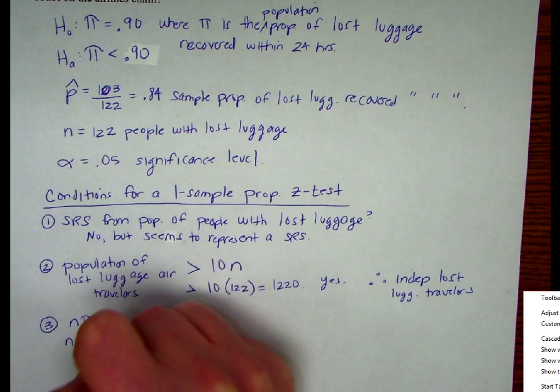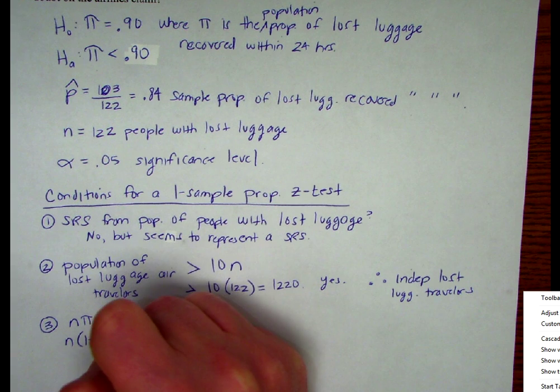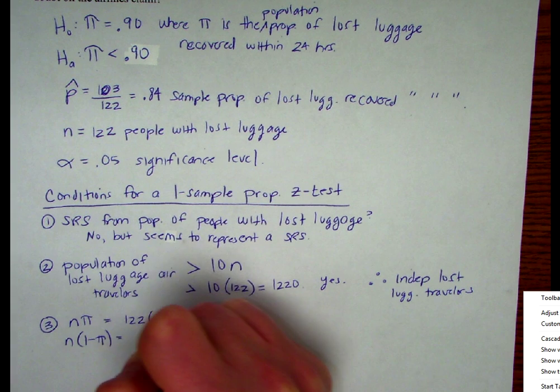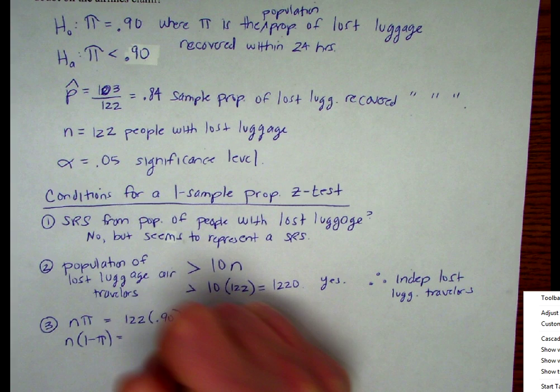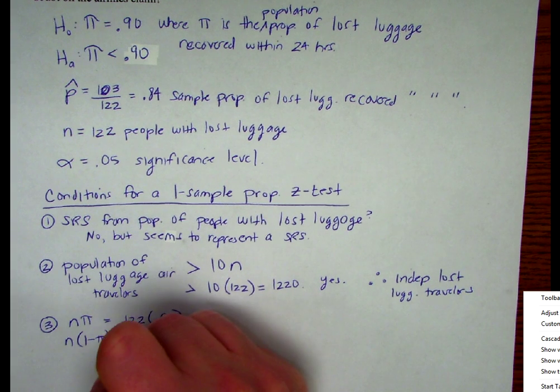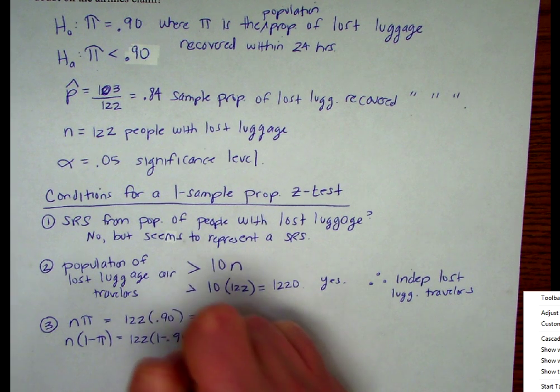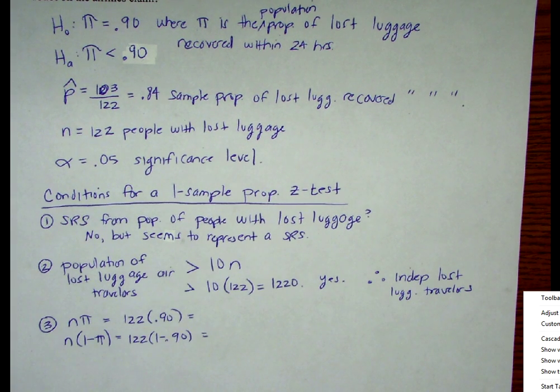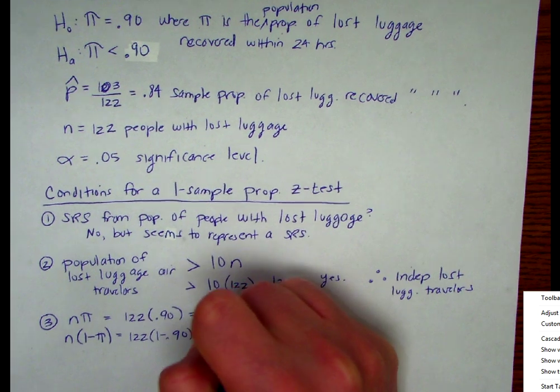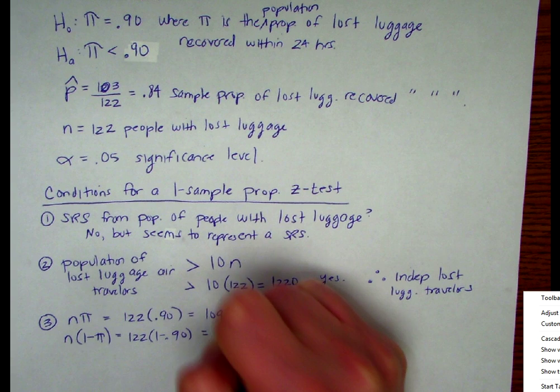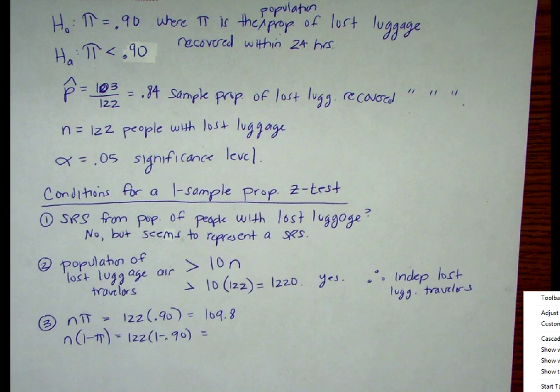Okay, so we're going to show those. So we got 122 times 0.90, that's pi, Greek letter, and 122 times 1 minus 0.90. And we're getting 109.8 and 12.2.